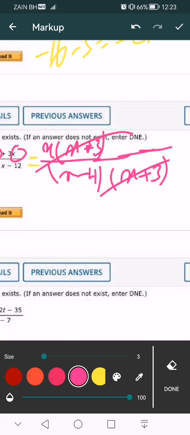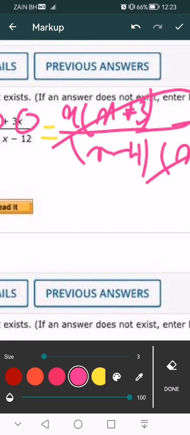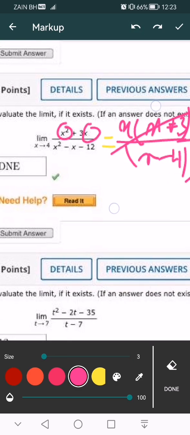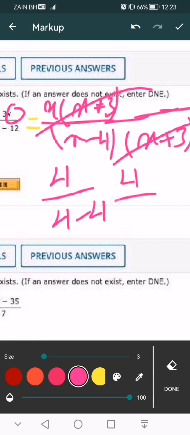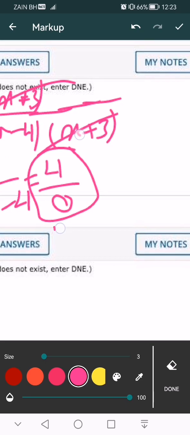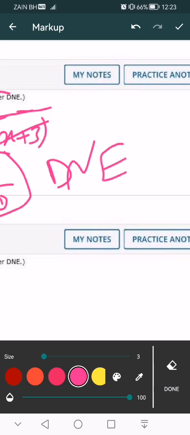From here I can cancel this one by this one. Then I get 4 over 4 minus 4. That will be 4 over 0, and anything divided by 0 does not exist.